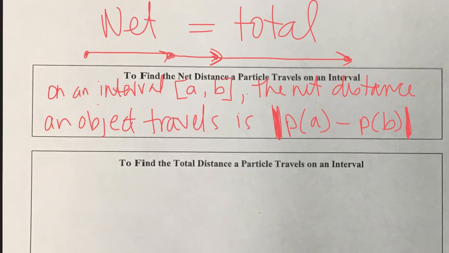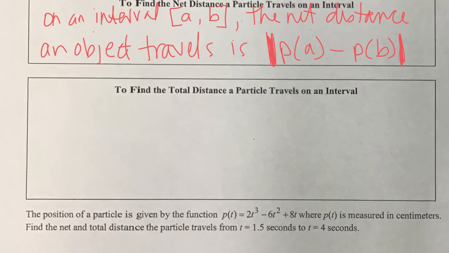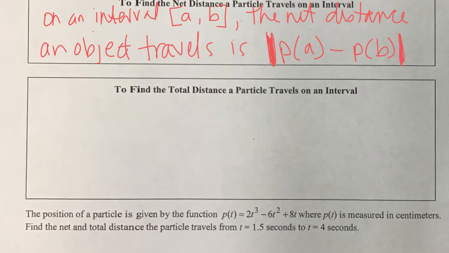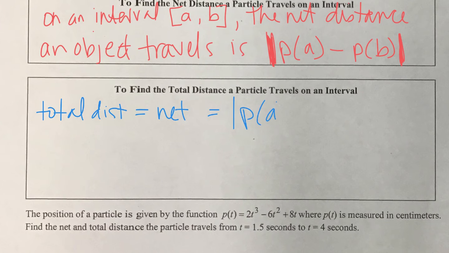So then what about total distance? Once again, if your particle is moving in one direction, then the total distance is equal to the net, which is that same formula, the beginning minus the end, in absolute value.